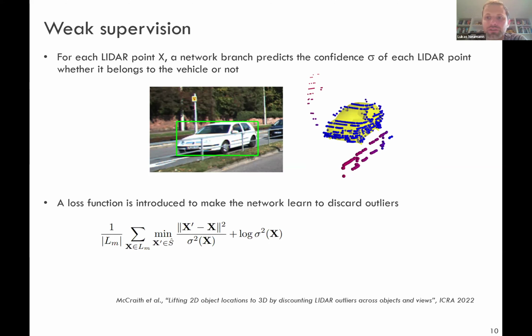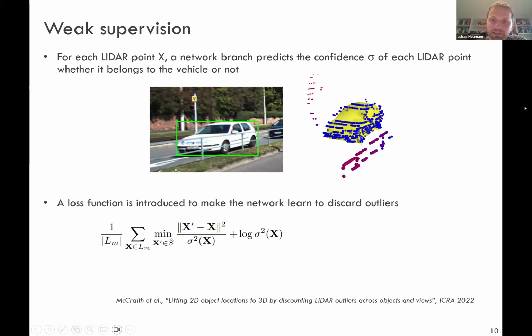So for each point in the scene, we ask the network to do two things. Let me rephrase it. One thing I forgot to mention is that, as prior information, we have a rough shape of a generic car.